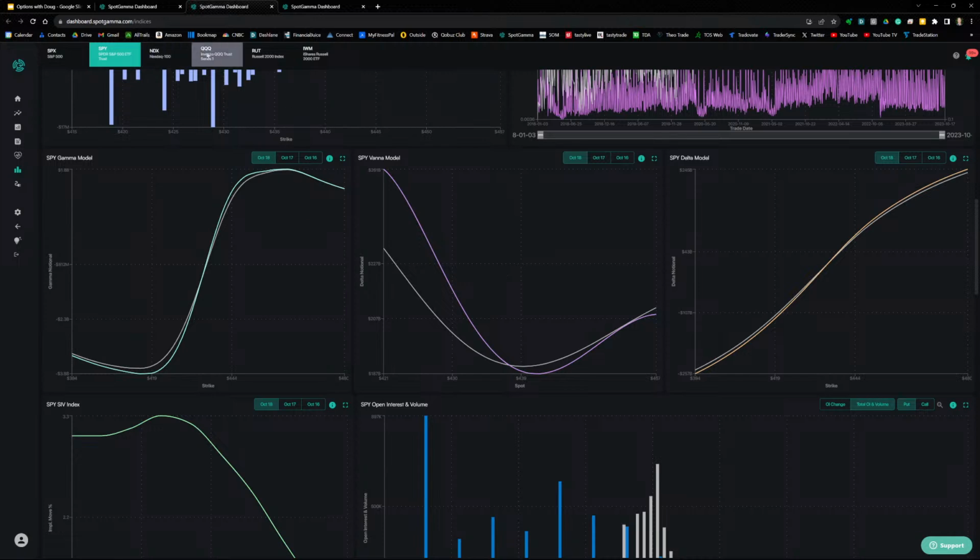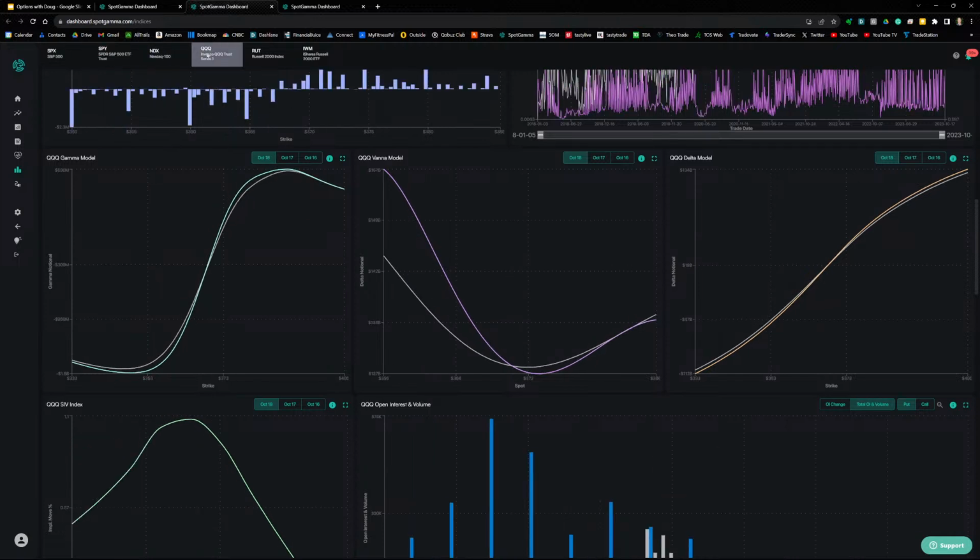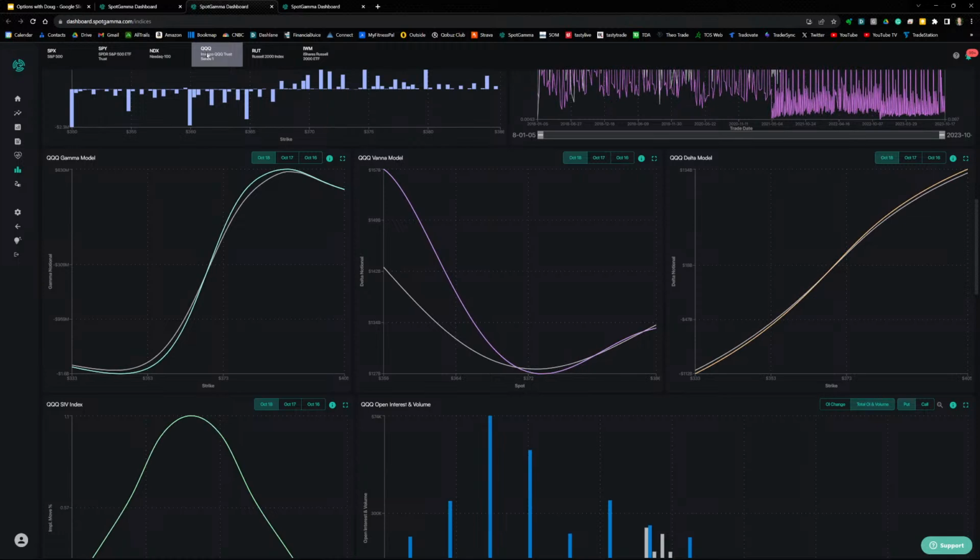And finally, let's check QQQ. Currently trading pretty close to the low of the day, below 365, somewhere between 365 and 364. So the same: QQQ trading on this negative gamma portion of the curve.